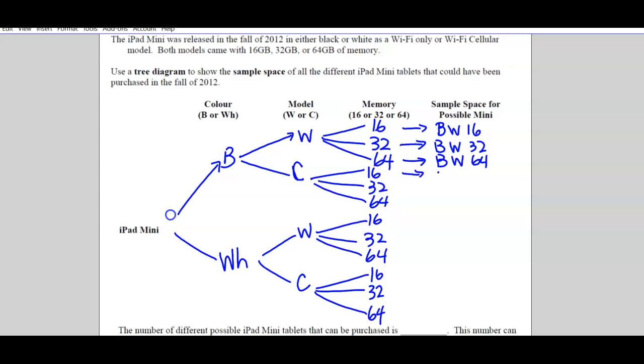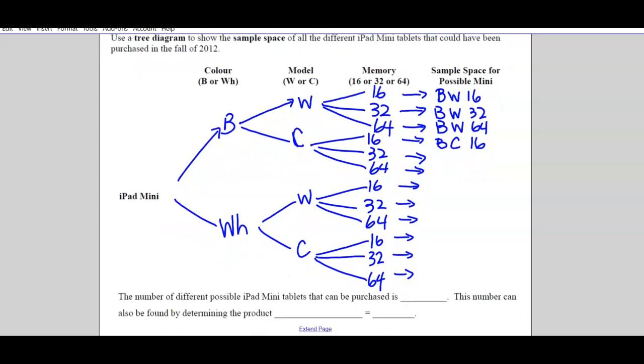And here, this could be black, Wi-Fi cellular, 16. I'm not going to write all of them out, but you'll see how many you get. 1, 2, 3, 4, 5, 6, 7, 8, 9, 10, 11, 12. Okay, so there's 12 different possible iPad mini tablets.